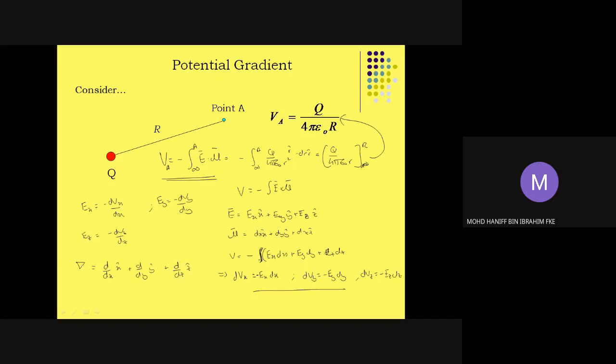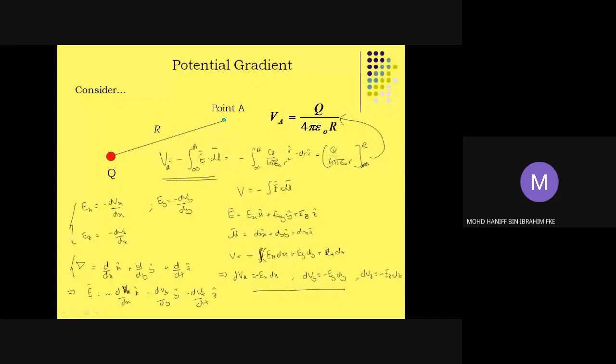And if we combine these terms with this del operator, we can say that the E vector can be written as negative dV over dx of x minus dV over dy of y minus dV over dz of z.